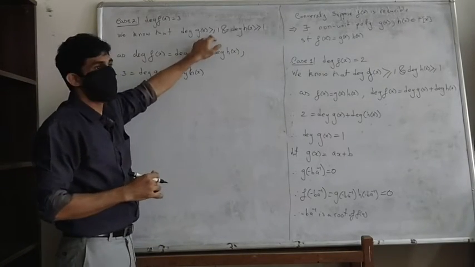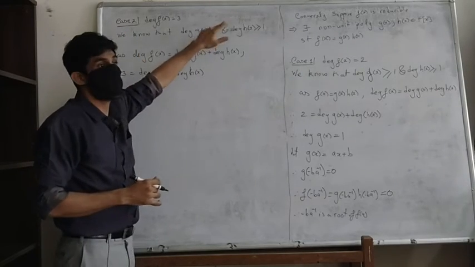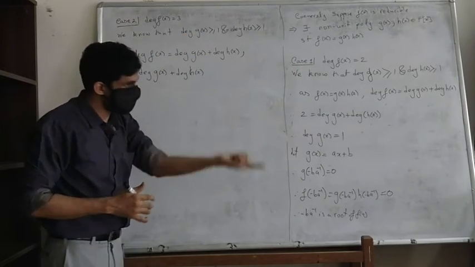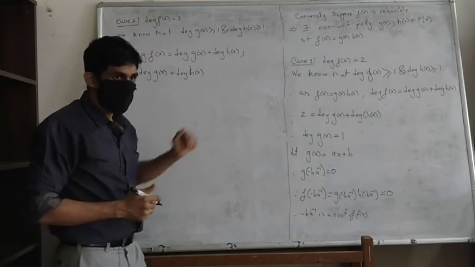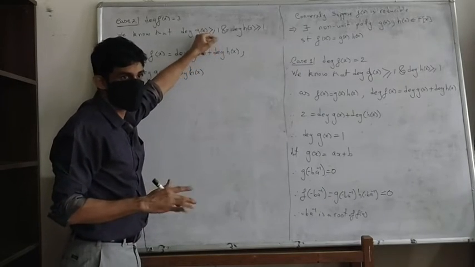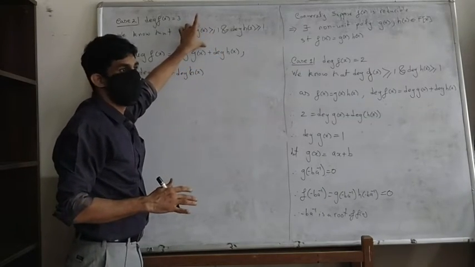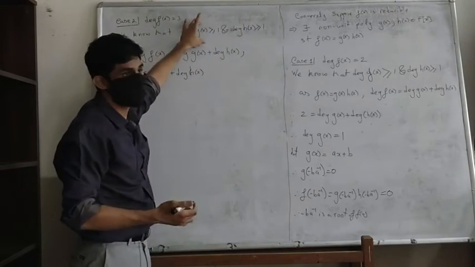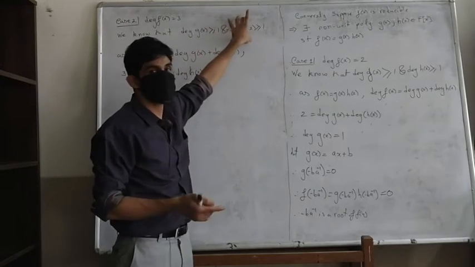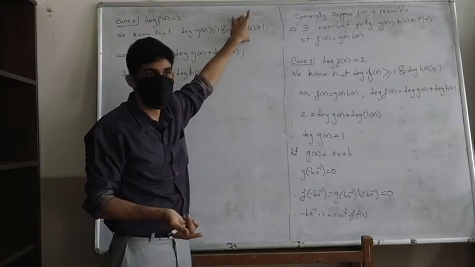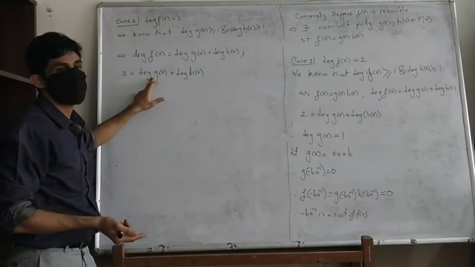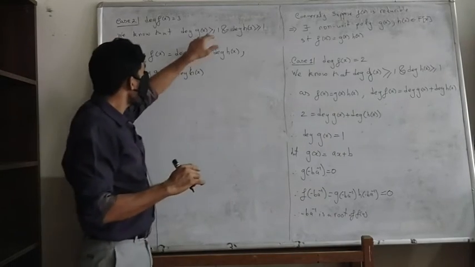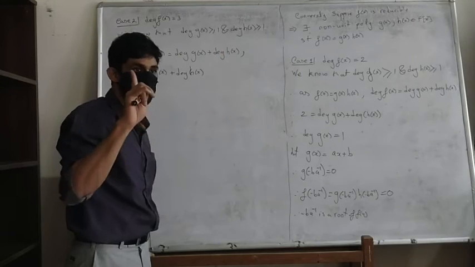What will happen if both of them are strictly greater than 1? Strictly greater than 1 means greater than or equal to 2. If the degree of g is greater than or equal to 2 and the degree of h is also greater than or equal to 2, what happens? The degree of g plus the degree of h is going to be greater than or equal to 4, which would give us a contradiction, which means that at least one of them should have degree 1.